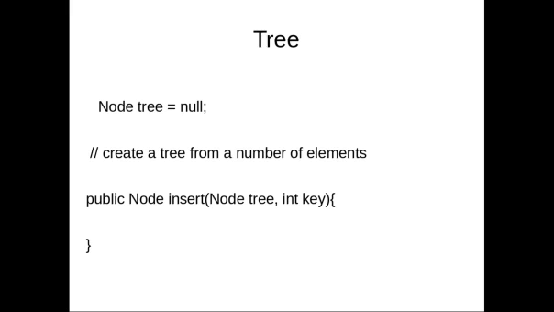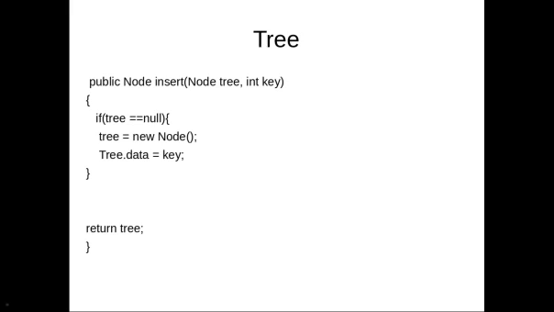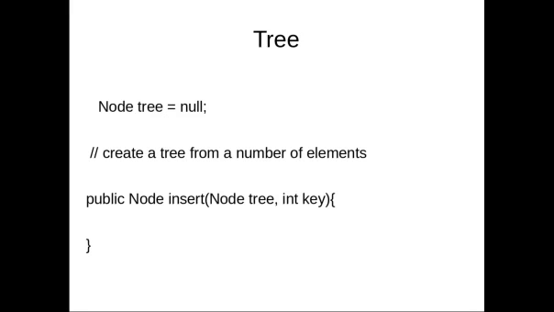Now let's start how to create a binary search tree. This program is not for the binary tree, this is for the binary search tree. So what are the properties of a binary search tree? Before that, let us discuss it. This is an example of how we create a binary search tree from a number of elements.